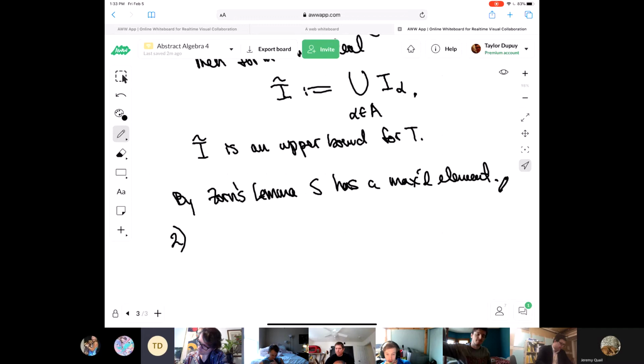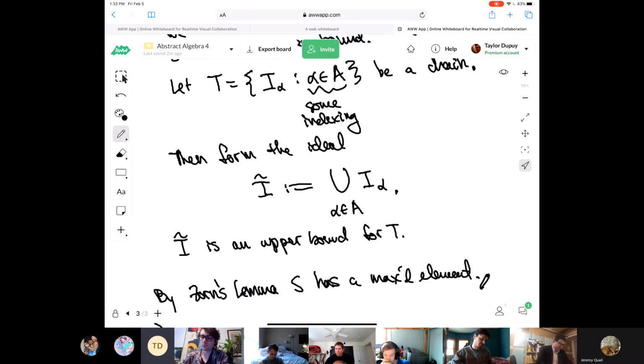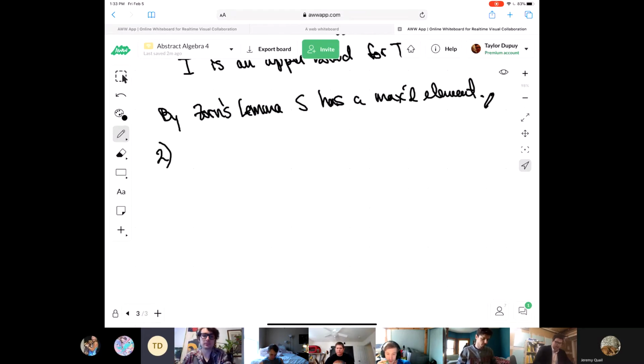Great. So we have the existence of maximal ideals. Now we need to show the existence of maximal ideals above a fixed ideal.